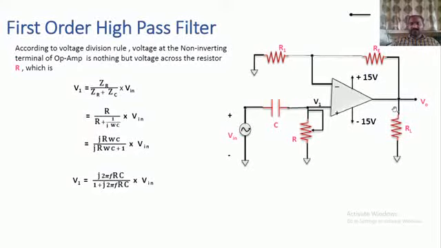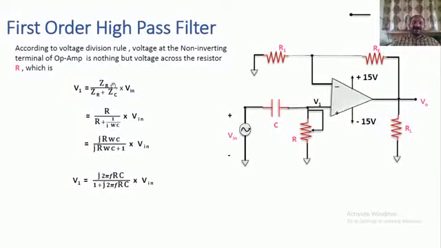In order to calculate V1, we should apply the voltage division rule. Based on the voltage division rule, V1 is equal to ZR by (ZR plus ZC) into Vin, because we are interested in calculating the voltage drop across the resistor.